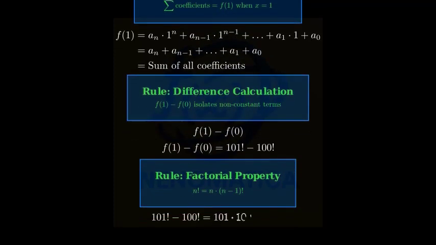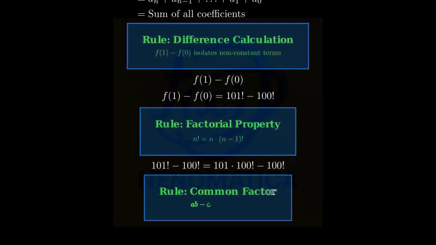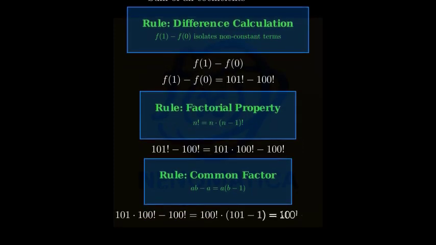We get 101 times 100 factorial minus 100 factorial, which equals 100 factorial times (101 minus 1), which simplifies to 100 factorial times 100.